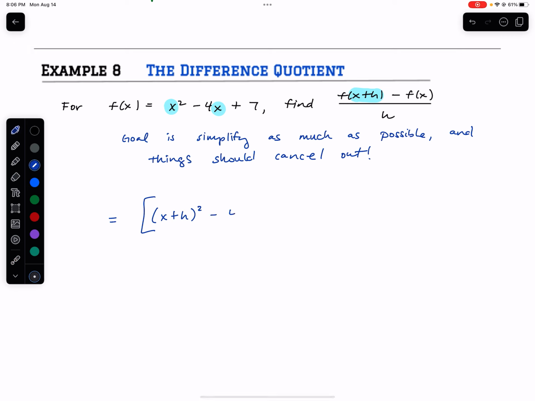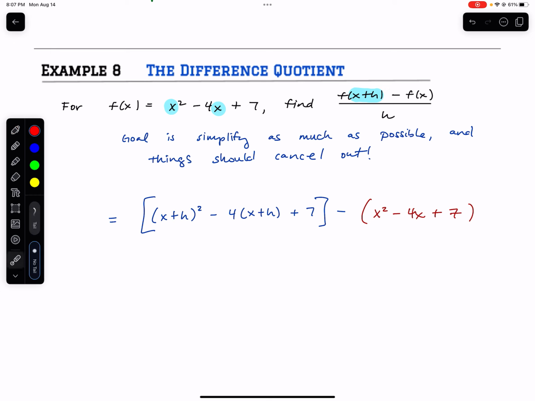So minus 4 times x plus h plus 7. Okay, so that part's done because we plugged the x plus h into every piece where there's an x. Now we're subtracting f of x, but f of x is just the function, so this doesn't change. So we're just going to basically copy and paste this right there. So minus, parentheses, x squared minus 4x plus 7.